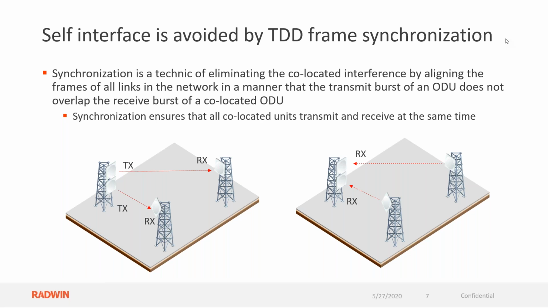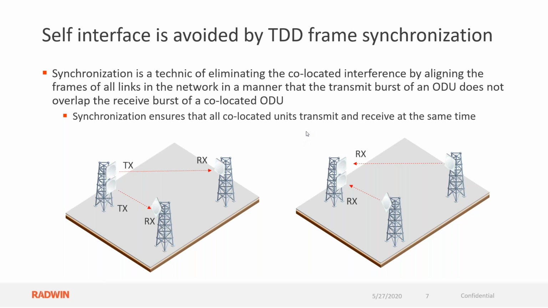Synchronization is a technique to eliminate collocated interference by aligning the frames of all links in the network in a manner that the transmit burst of a unit does not overlap the receive burst of a collocated unit. So we can ensure that all units on the tower either transmit simultaneously or receive simultaneously, as shown in the picture below. Synchronization ensures that all collocated units transmit and receive at the same time.